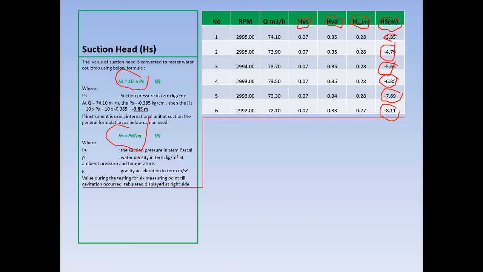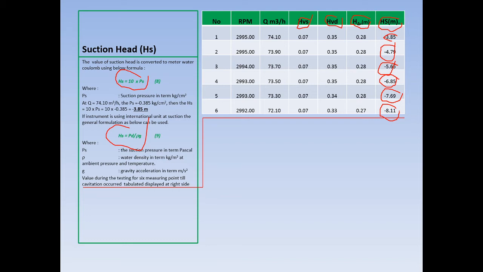So it's logical that at suction the static pressure will be lower at a specific flow capacity, because the energy is transferred from static at the suction to flow, and the remaining becomes static.